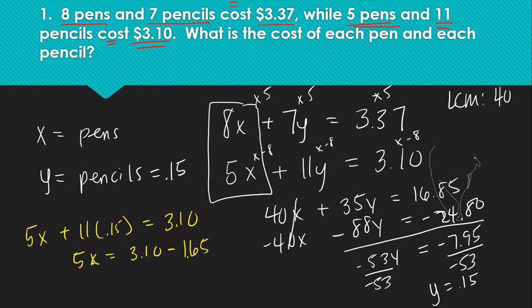So $3.10 minus $1.65 gives us $1.45. So 5x equals $1.45. Divide by 5, and that gives us 29 cents.